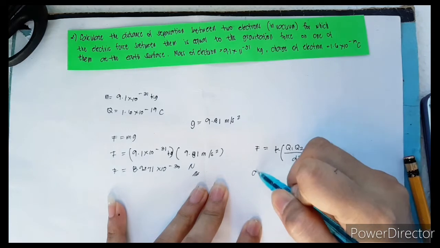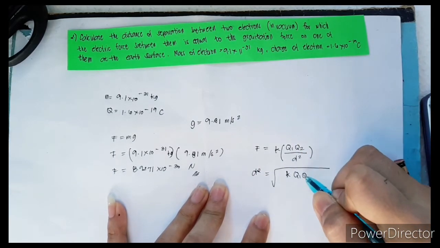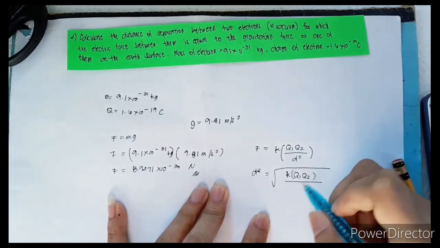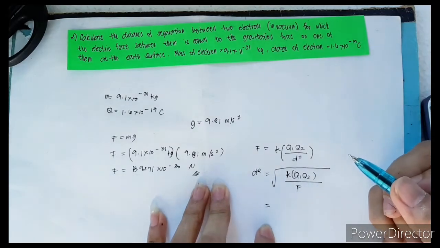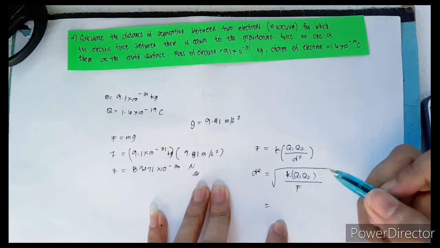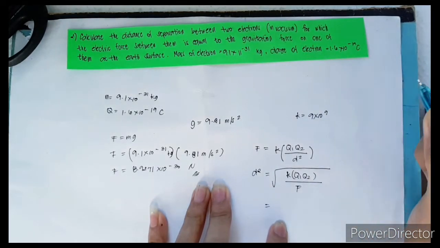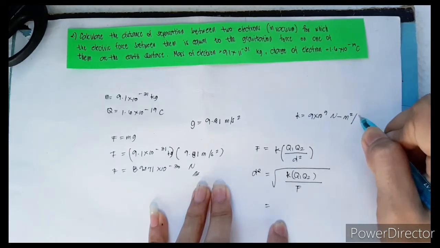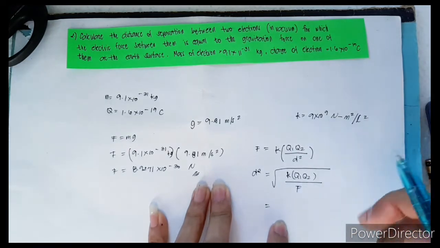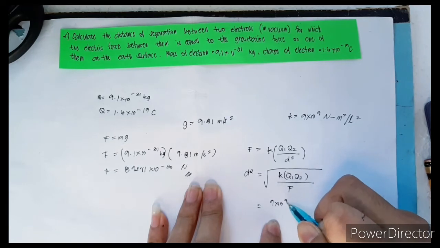So we will have this formula: d is equal to the square root of K times Q1 times Q2 over the value of force. The value of K is 9 times 10 to the power of 9 Newton meter squared per Coulomb squared.